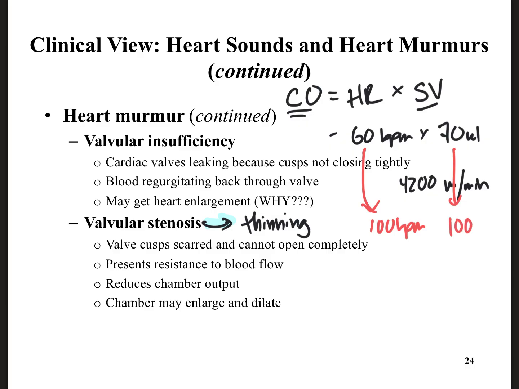Multiply those two together. 10,000 milliliters per minute. That's probably a little high, but you get the idea. That make sense? Right? Because the needs of your body are increased. Your perfusion needs are increased. Your heart has to alter and change to meet those needs. We'll talk more about cardiac output and what it means in about a week. Okay?